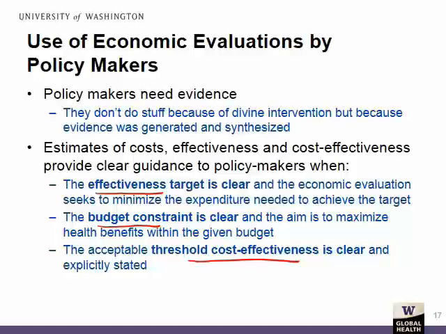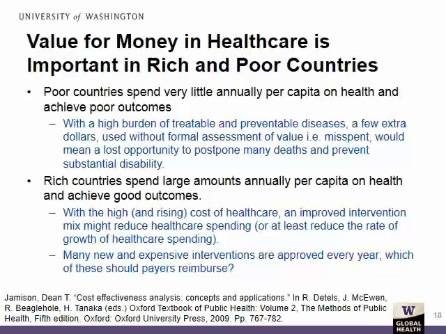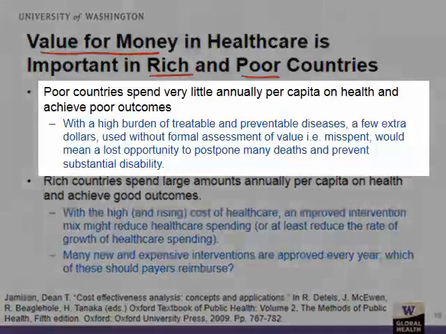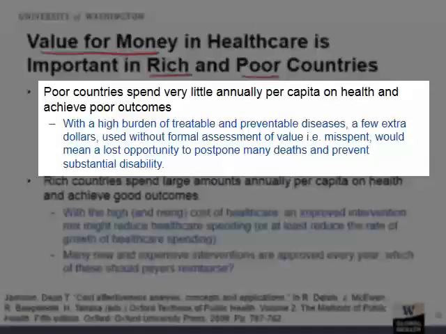So as we come to the end of this part, I would like to emphasize that cost effectiveness or value for money in healthcare is important for the rich and poor countries. So for poor countries, you have very small spending per capita. So for most sub-Saharan African countries, very few countries go above $100 per capita in healthcare spending.